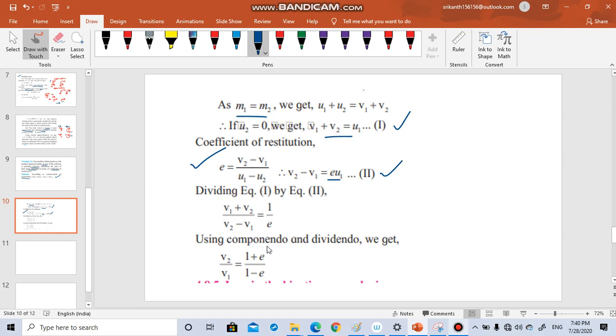Applying componendo dividendo, mathematics. What is componendo dividendo? You can add to the numerator and the same thing you can subtract from the denominator.